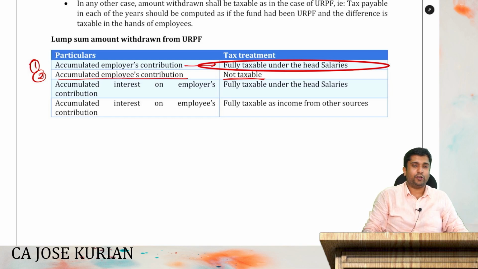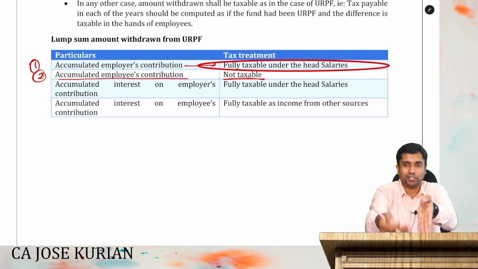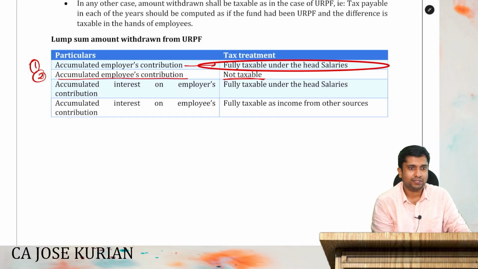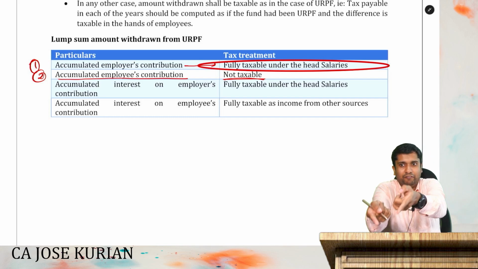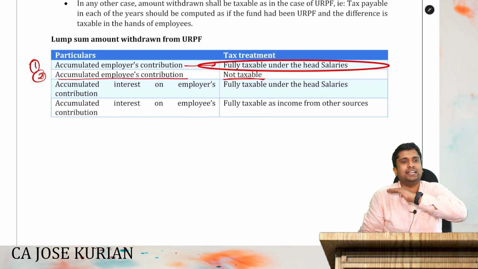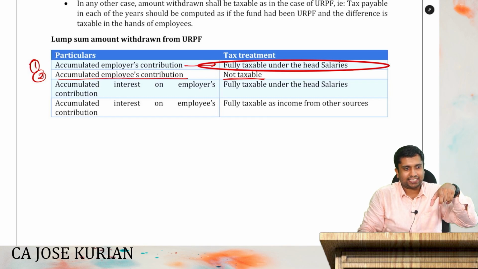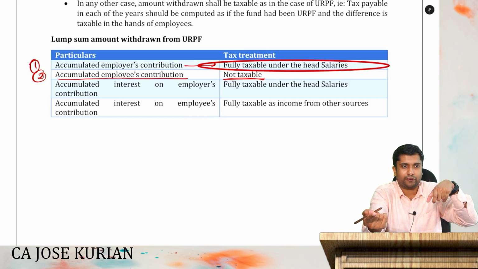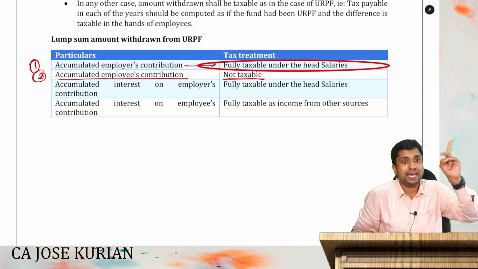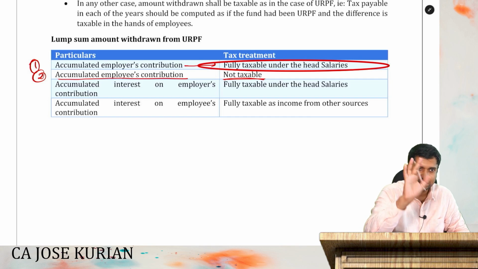For example, when you deposit money in a bank and withdraw the amount, it is not your income. Only the interest component is your income. At the time of receipt of salary, your entire income is taxable. Out of that taxable income only you have deposited to URPF. Now at the time of withdrawal, you don't have to show it as your income again. So it is not at all taxable.